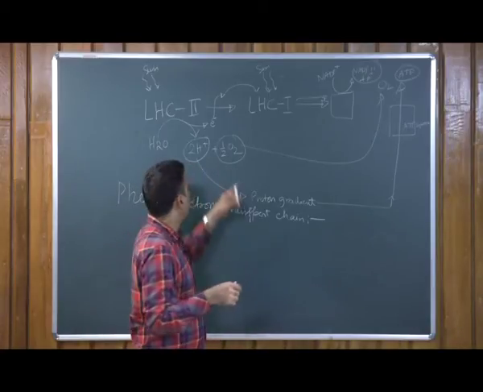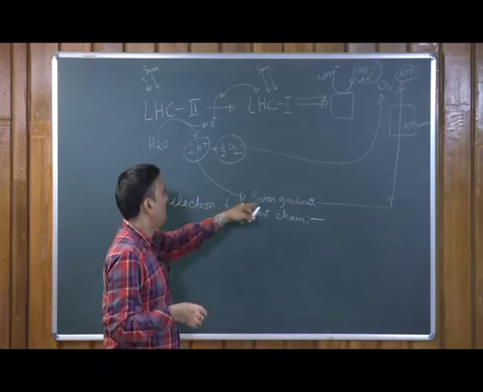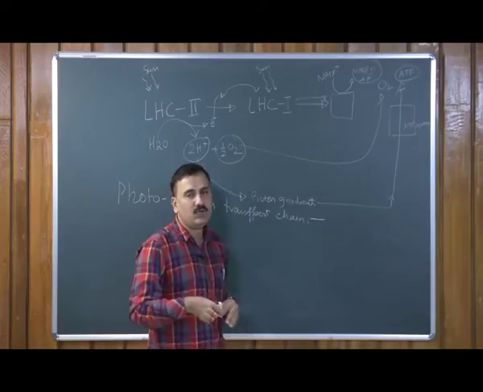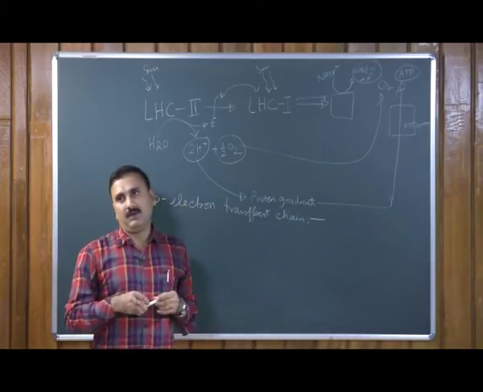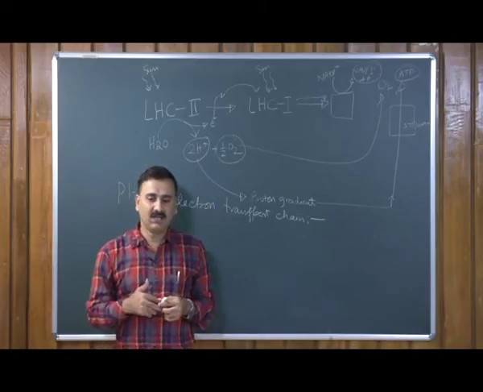On the other hand, these protons which are coming from the water are also generating a proton gradient, and utilizing this proton gradient, with the help of ATP synthase, the chloroplast is generating the energy.